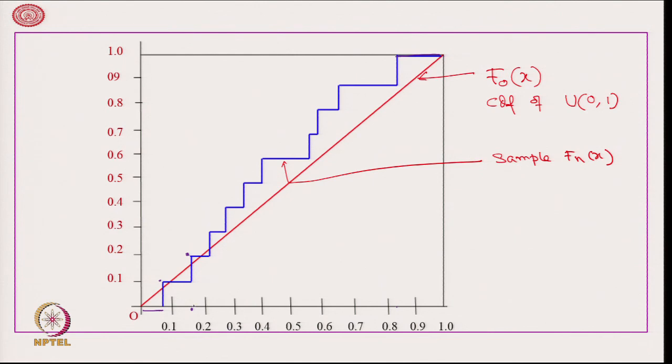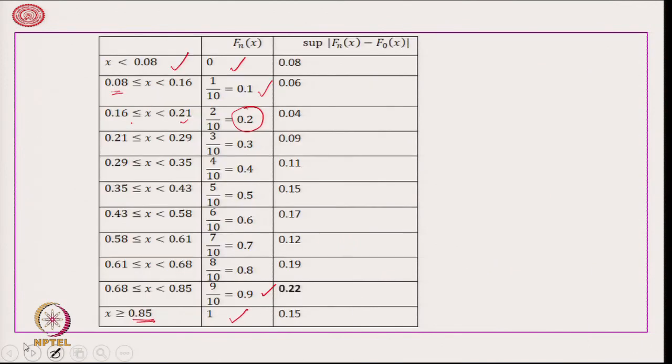Therefore, for each of these intervals, we can look at the maximum of the difference for any x belonging to that interval. Say for example, in this interval the maximum difference between the red line and the blue line is this much, that is the supremum. We have computed those values. When Fn(x) is 0 and x is less than 0.08, the supremum is 0.08, because f0(x) at 0.08 is equal to the same value, f0(x) is equal to x.